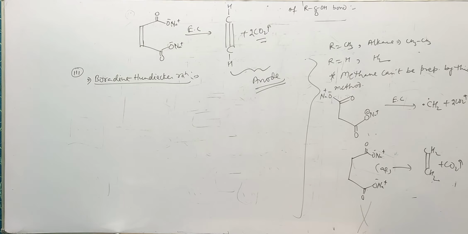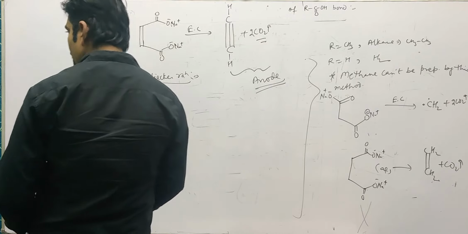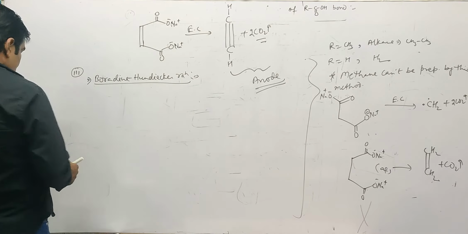They form the corresponding alkyl bromide, and the reaction is called the Borodin-Hunsdiecker reaction.